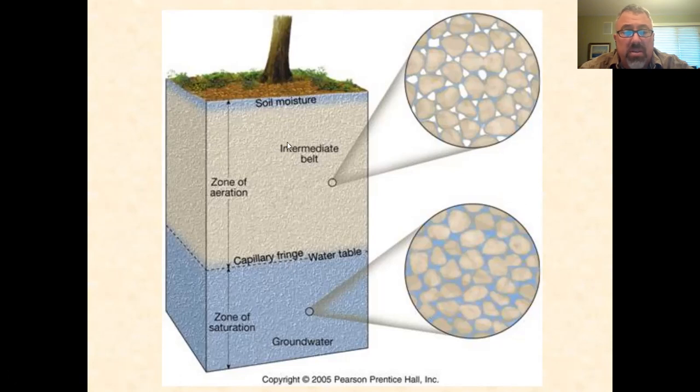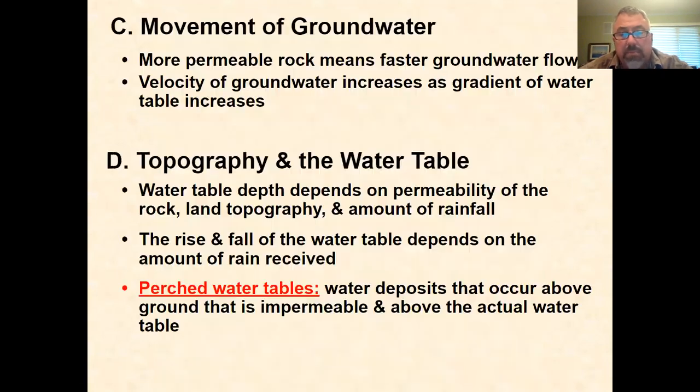And it goes through the zone of aeration as a liquid until it gets to, by gravity of course, the water table and the zone of saturation. Now, again, the capillary fringe is just above the water table because that water is wicking up into that soil next to the water table.